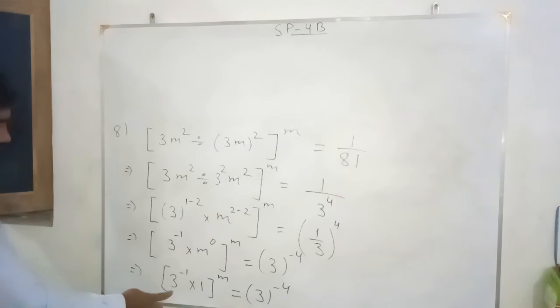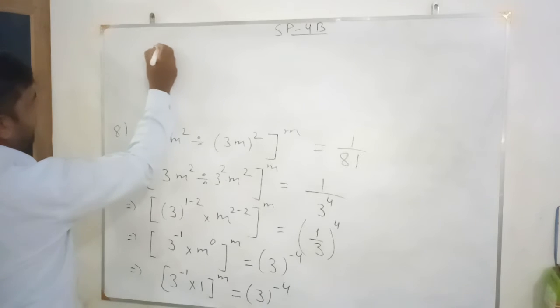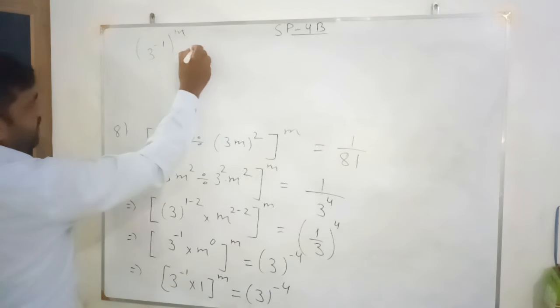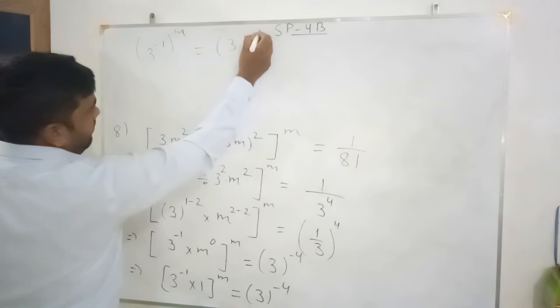If you multiply, you get 3 to the power minus 1 only, and to the power m equals 3 to the power minus 4.